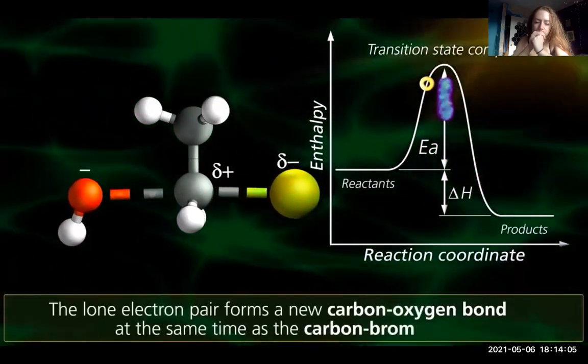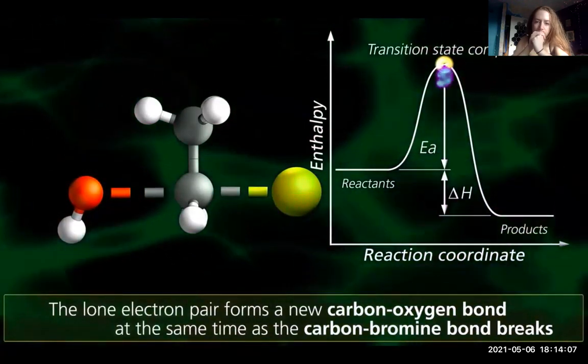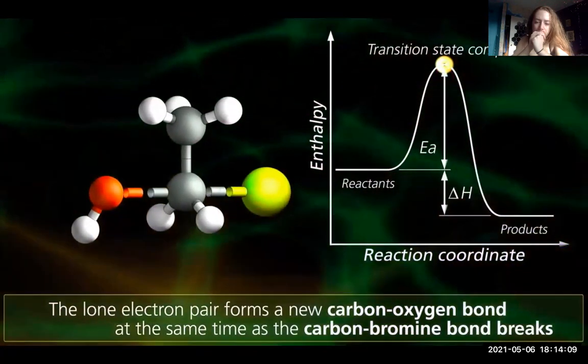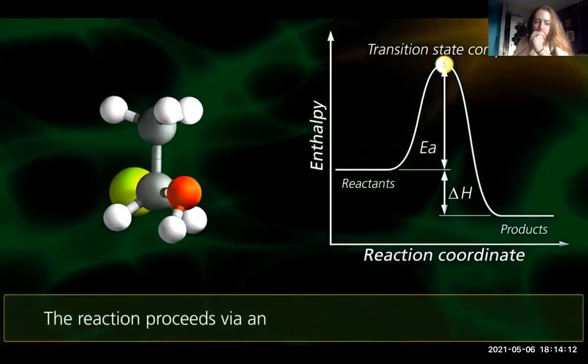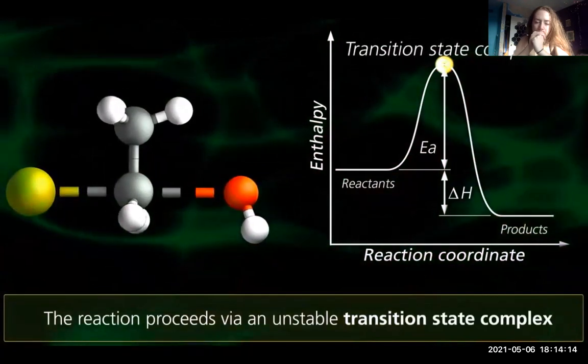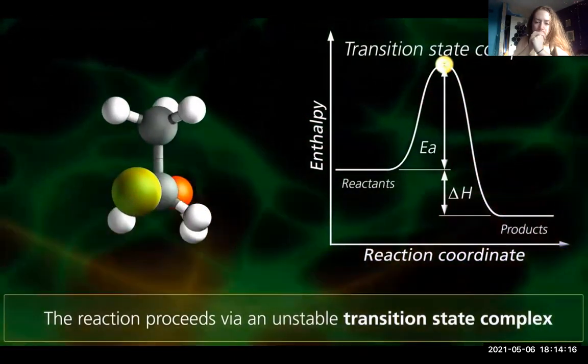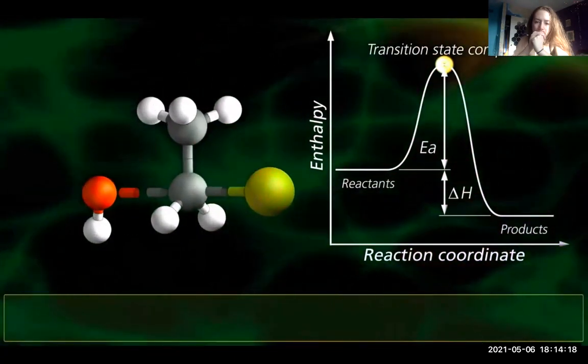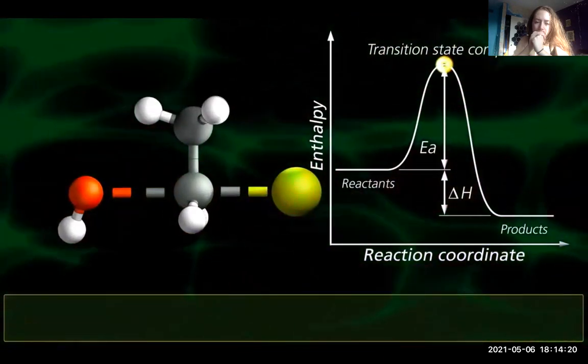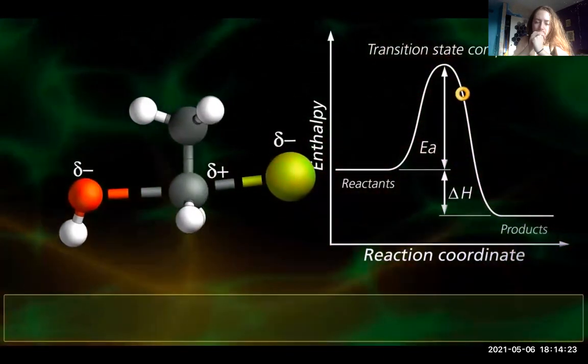The lone electron pair on the nucleophile forms a new dative covalent bond with the partially charged carbon atom to give an unstable transition state complex. The complex behaves like an umbrella blowing inside out as the bonds rearrange into a tetrahedral structure.